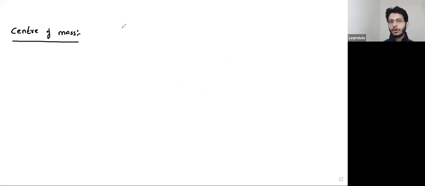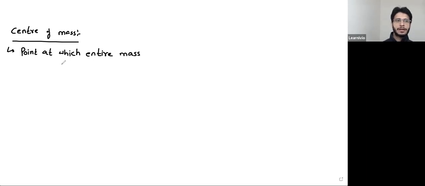And that point is center of mass. So the definition of center of mass says: the point at which the entire mass of the system is supposed to be concentrated.